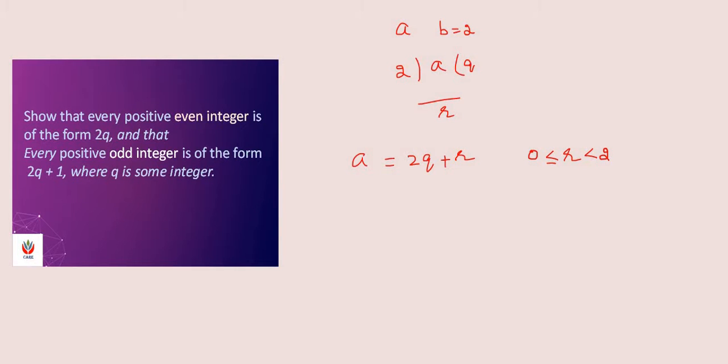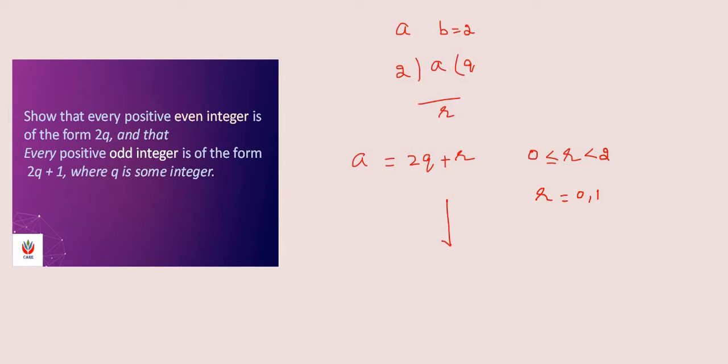So what is the meaning of 0 less than or equal to r less than 2? r takes the values 0 and 1, less than 2 means it is 1. So r takes these two values.